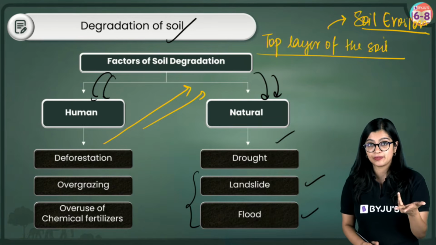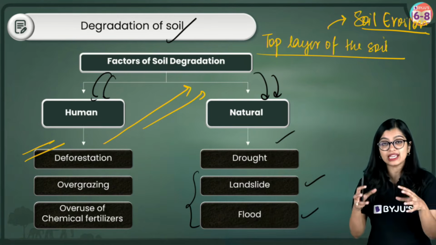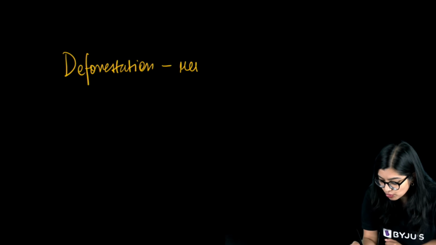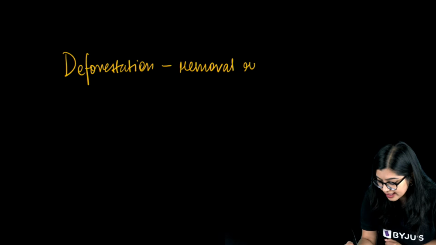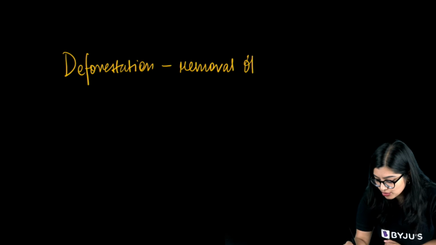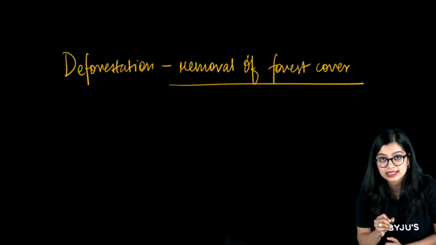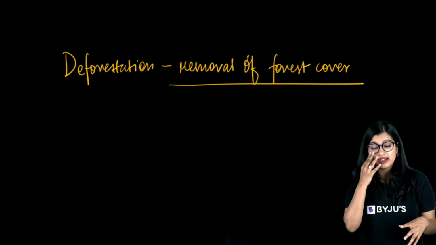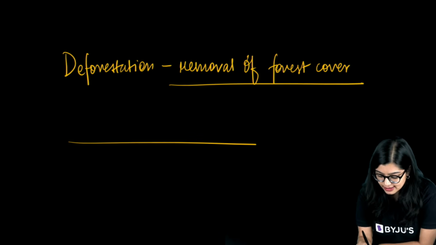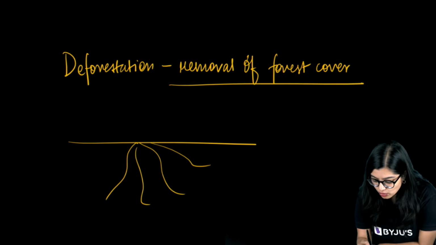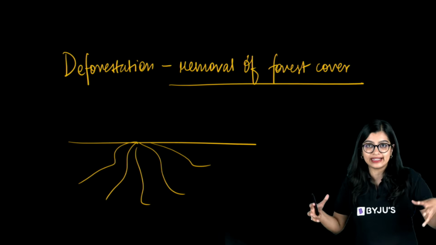Resulting in degradation. So if you look at it, when we have deforestation, we know that it is the removal of forest cover. So we see that this right here is removal of forest cover. Now what happens is that when plants are there, their roots, let me just quickly draw this, actually hold the soil and bind it in place.